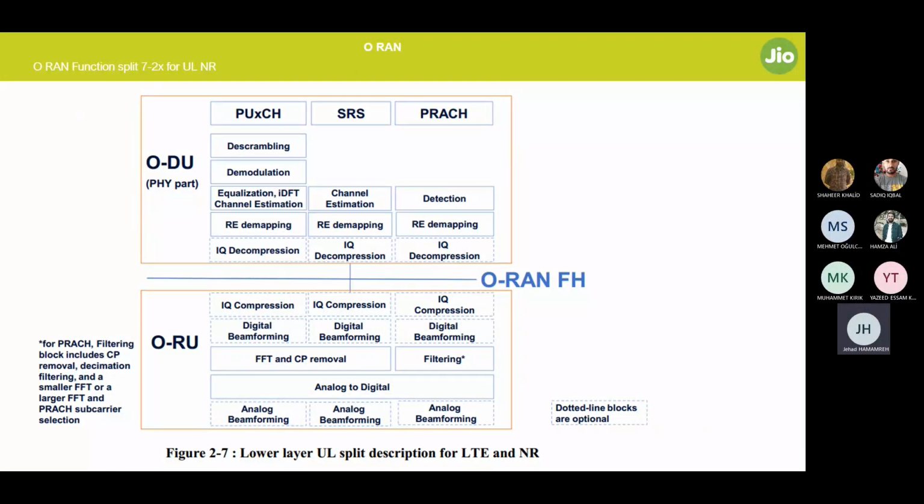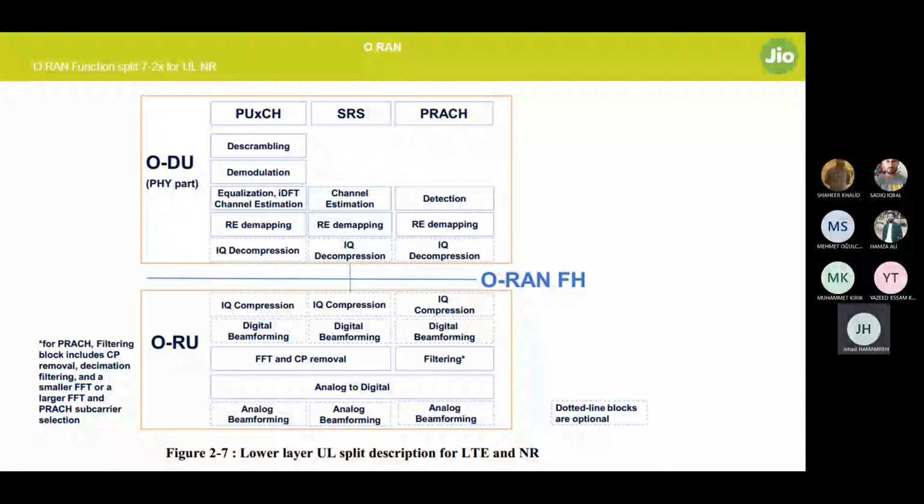You have SRS, sounding reference signals, which you send for channel estimation purposes. And you have the physical uplink shared channel and physical downlink shared channel, which basically represent the data that you actually transmit.